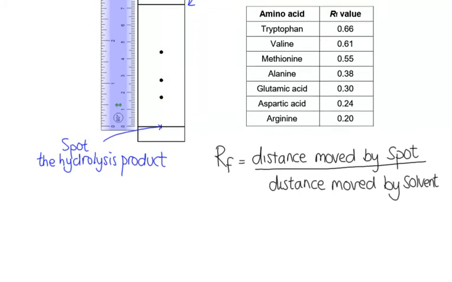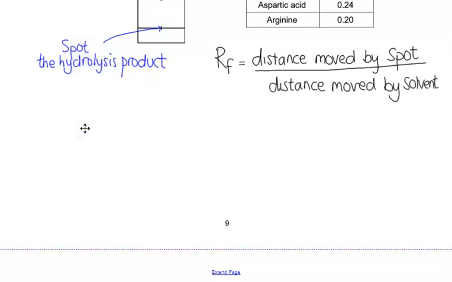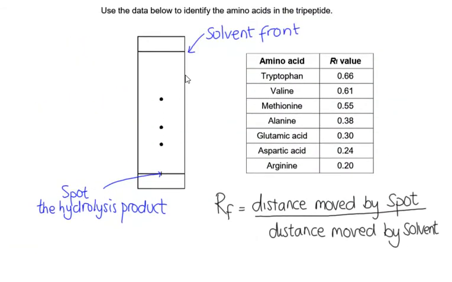So the first spot, you should have measured, and if you measured these correctly, you will have seen that the distance between the solvent front and the starting line was about 6.2 centimetres, and this spot moved 1.5, and this one was 2.4 from the very bottom line, and then all the way to the top one was about 3.8.